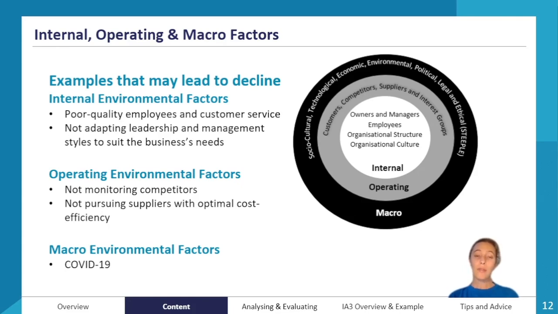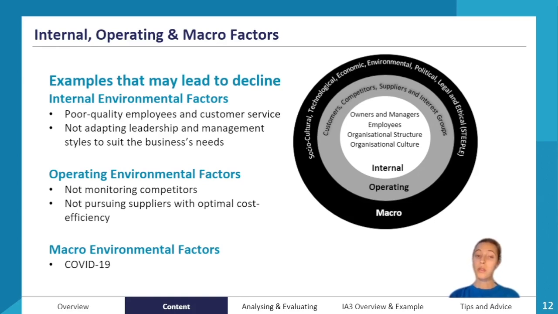Now, operating environmental factors: you could fail to monitor competitors. Like I mentioned before, that's really important to make sure you're not falling behind in the market. If you don't do that, then you potentially will not have that level of innovation, that level of meeting the demands of customers, and that could result in decline.